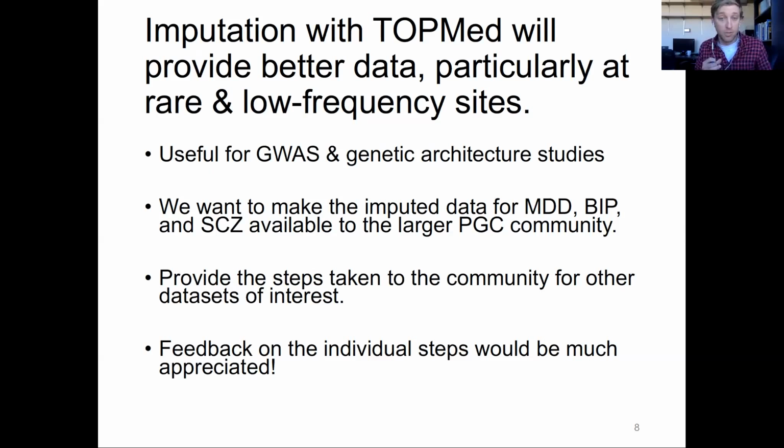Maybe the imputed data could be released back to the PGC, and hopefully that would be of use to all of you as well. Or at the very least, maybe we can come up with a defined set of procedures to apply to these kinds of data sets if folks have other PGC data sets they're interested in. And if you have any feedback, now would be great. We'd love to get your input at this stage.